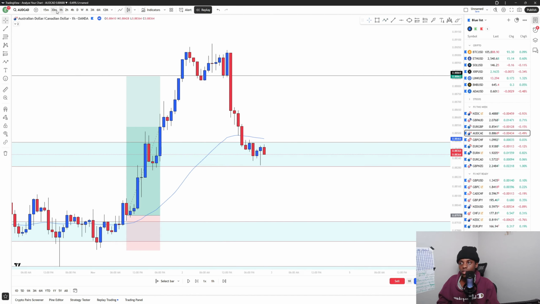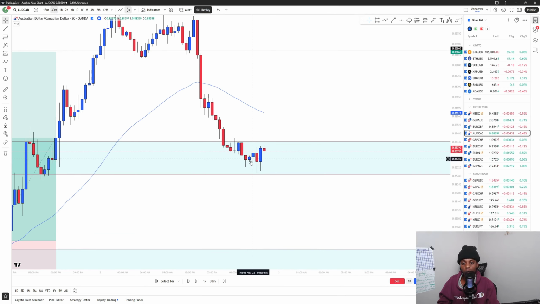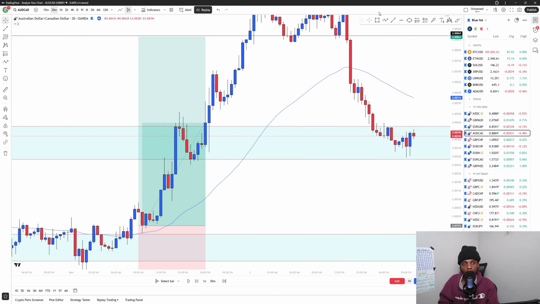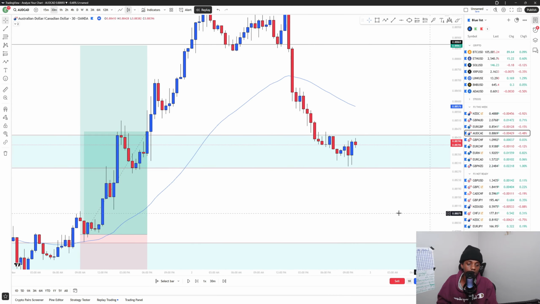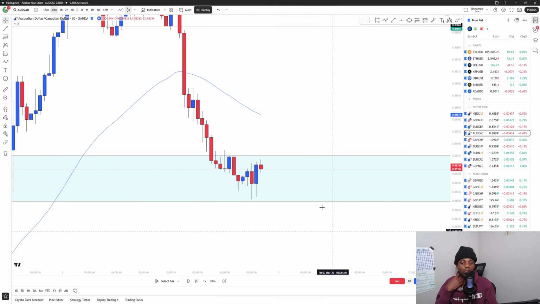So extra confirmation, I guess I could enter right now. It hasn't really shown a whole lot of signs of price struggling to break above this zone, but an extra confirmation can sometimes save you. So the extra confirmation will be, I'm gonna wait until price closes above this zone first.